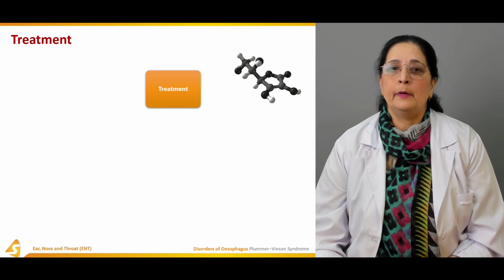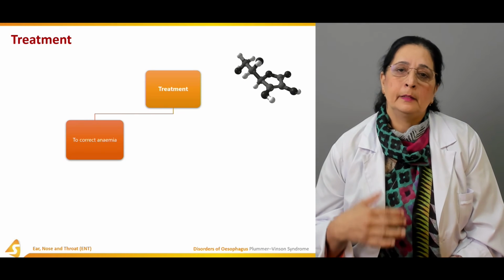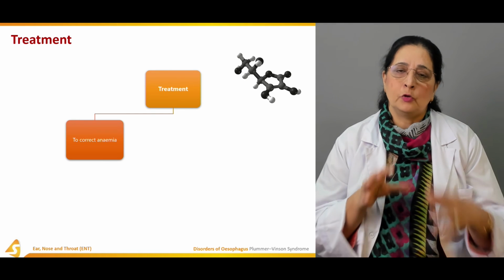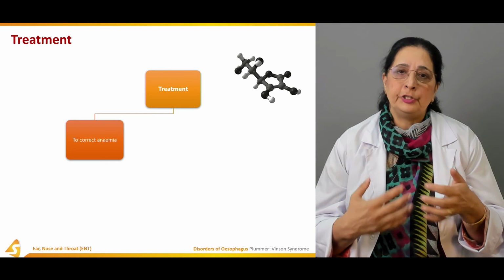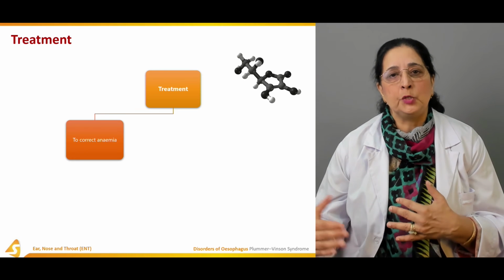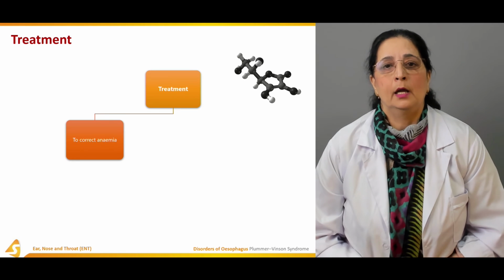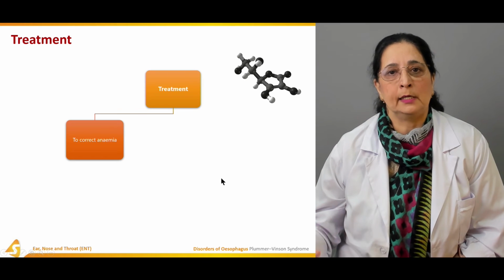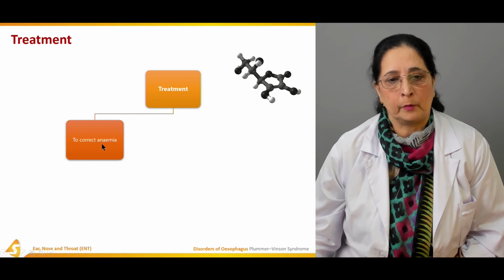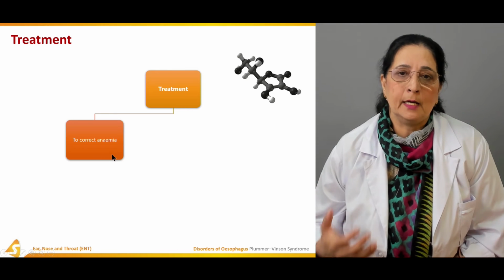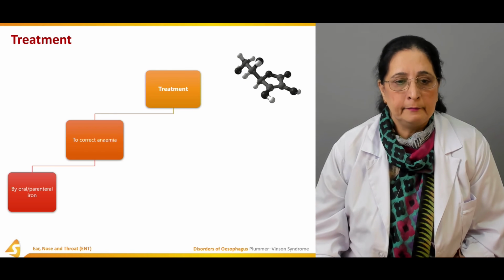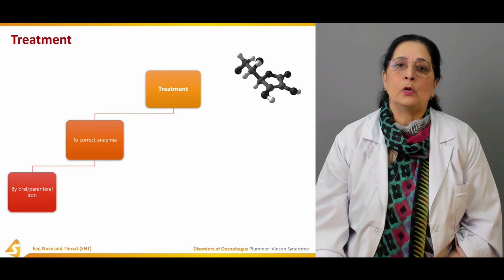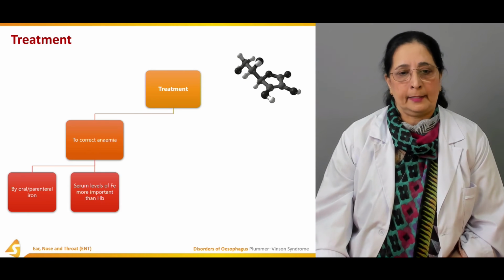Treatment of Plummer-Vinson syndrome: we already know the classical features, so one by one, all the features should be managed or treated because each one of them has its own effects. To correct iron deficiency anemia, we should give iron, orally if the patient can take oral, or parenteral iron.